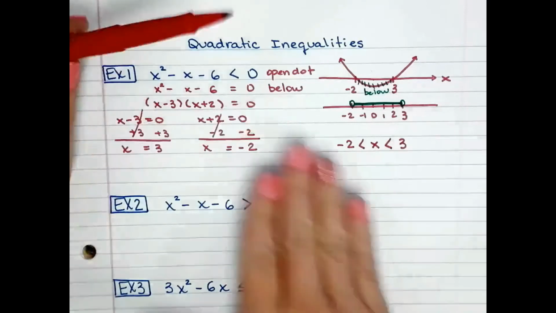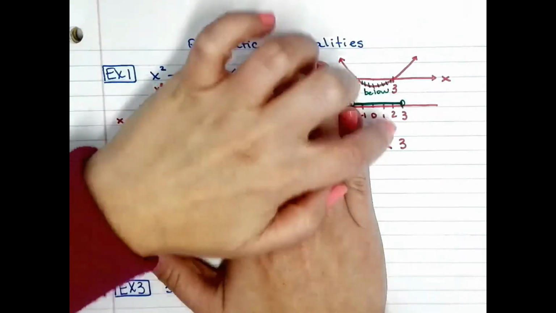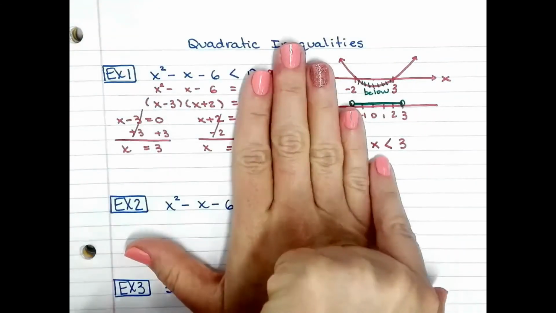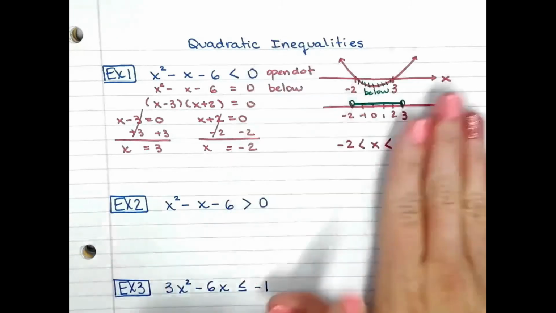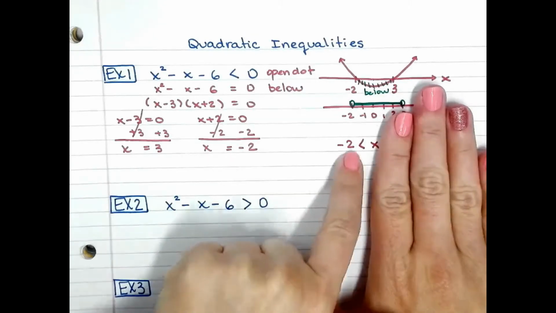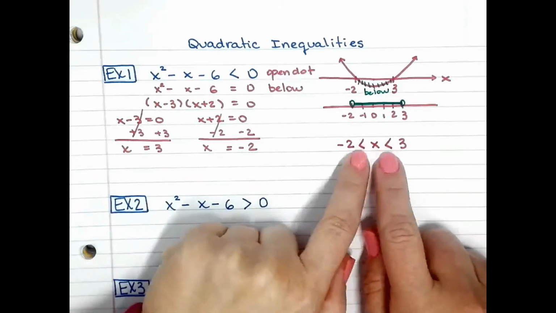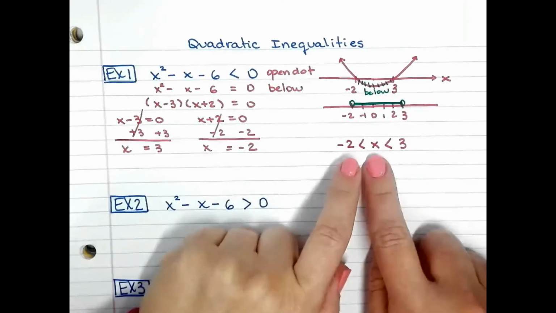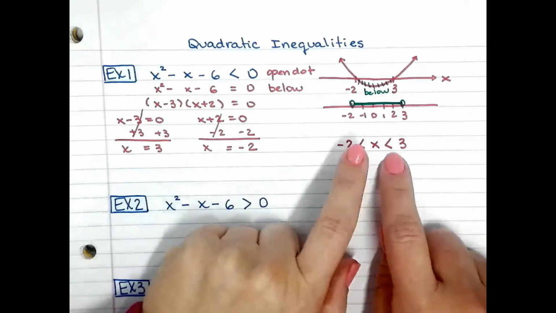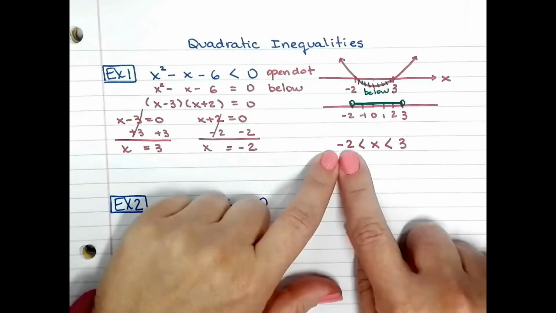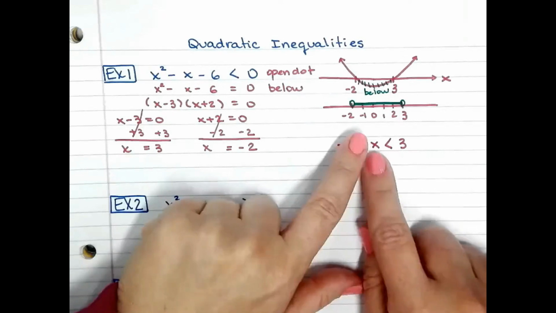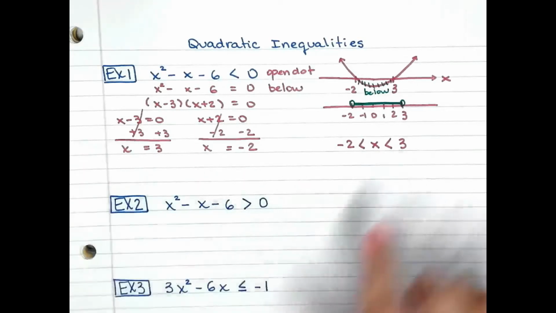The way you read it, you read x is, you can't see, x is less than 3, and -2 is less than x. So these signs will always be less than because x is in between those two numbers. So -2 is less than x. X is less than 3.